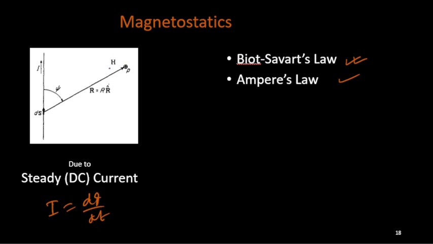What is the Biot-Savart law? This H field or B. These are B and H, related by B equals mu naught into H. Okay.